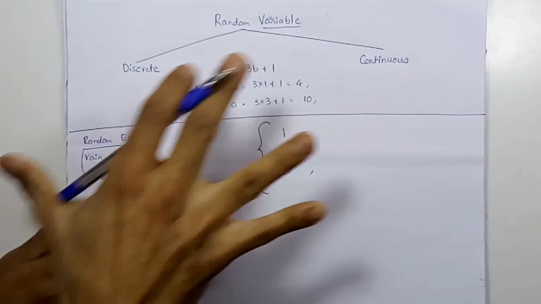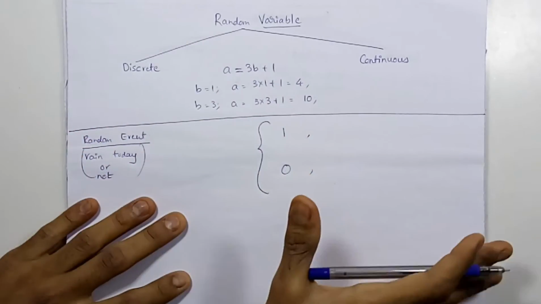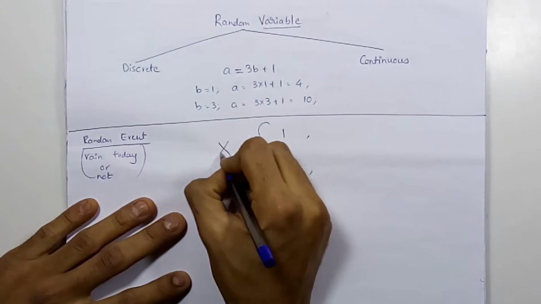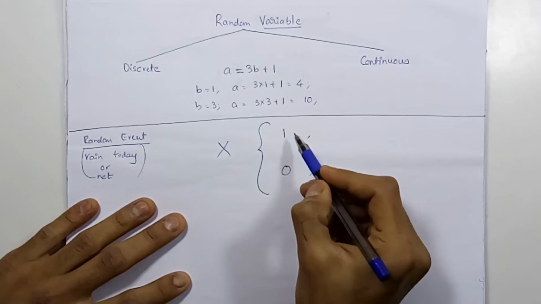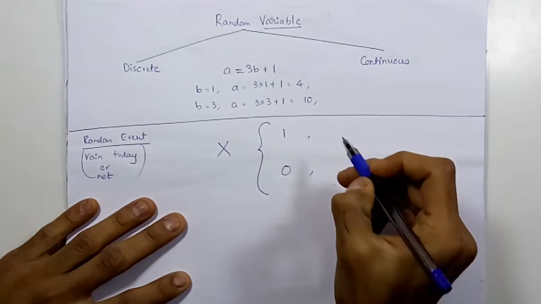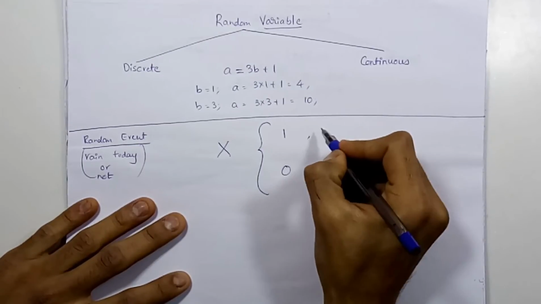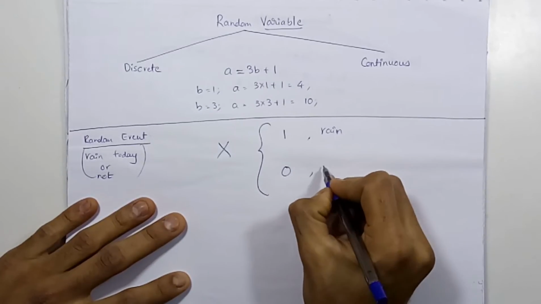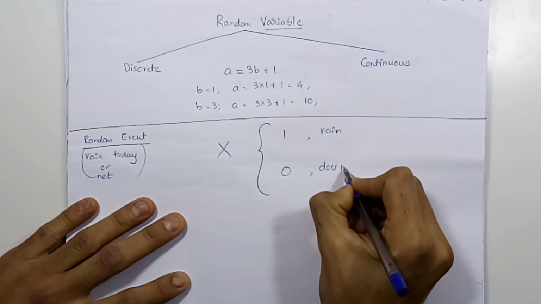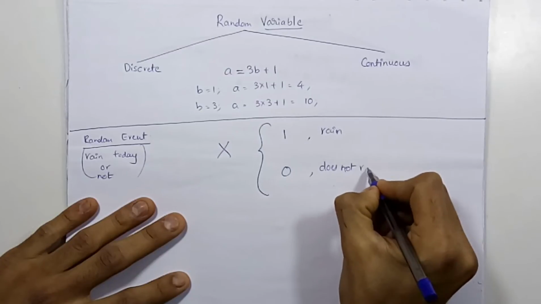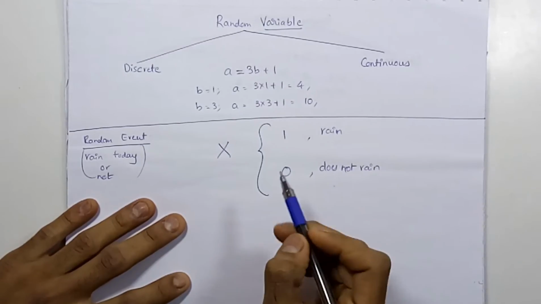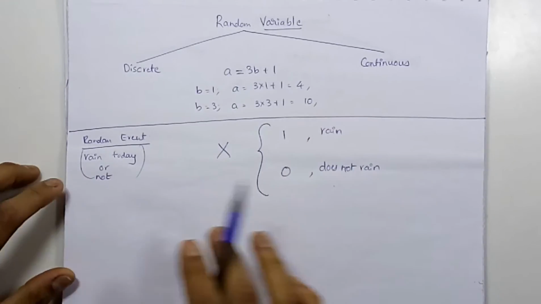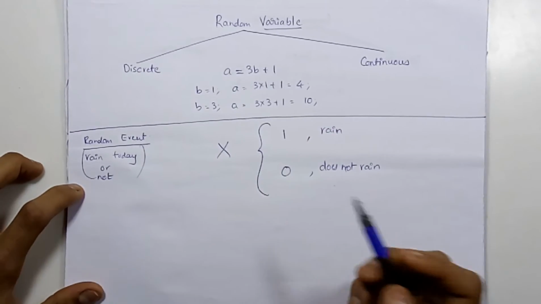A random variable in probability is always represented through a capital letter, usually X. So we assign 1 if it rains and 0 if it does not rain. If it rains today, we assign the value 1, and if it does not rain, we assign the value 0.